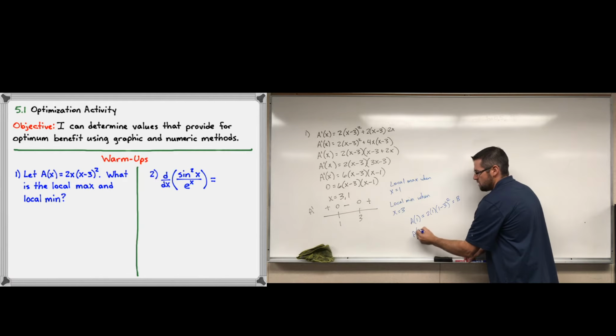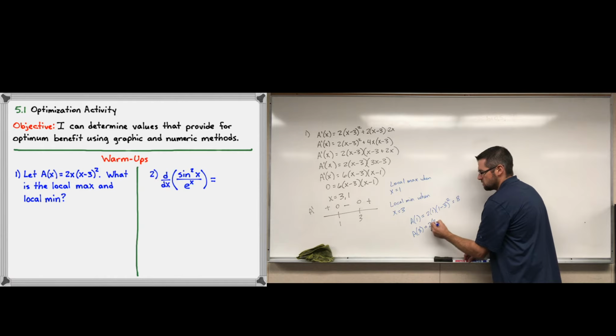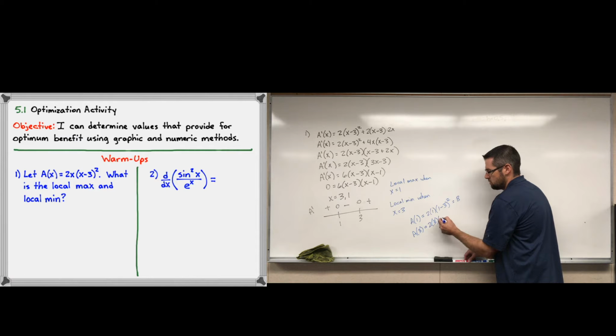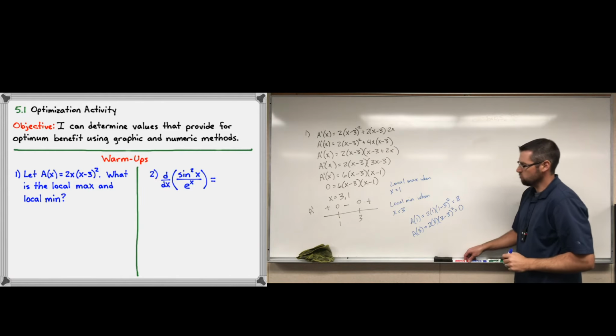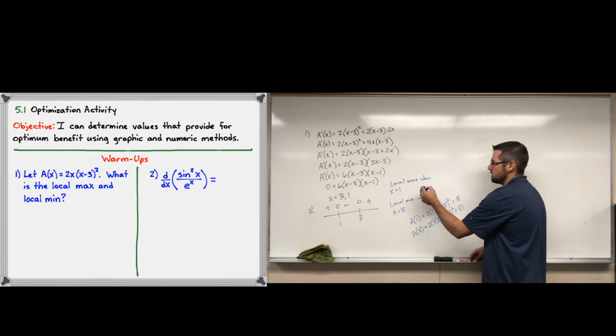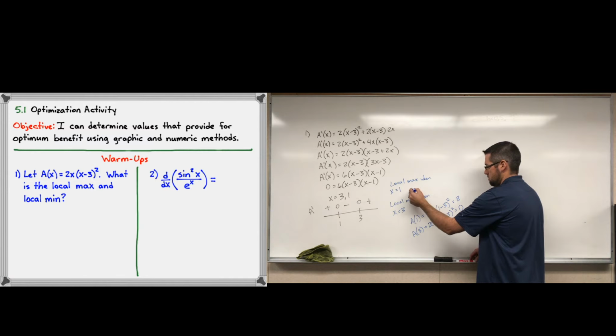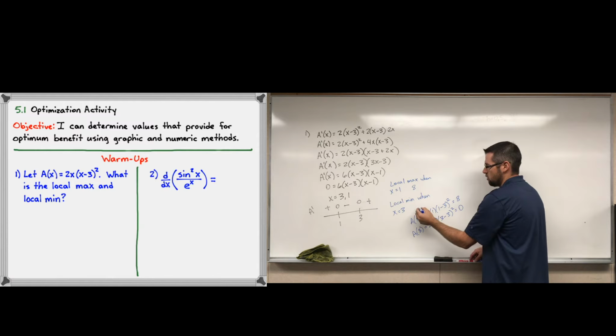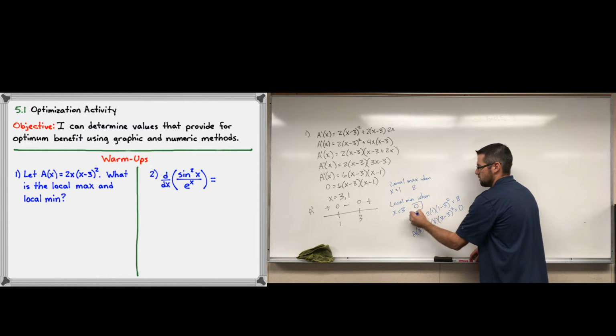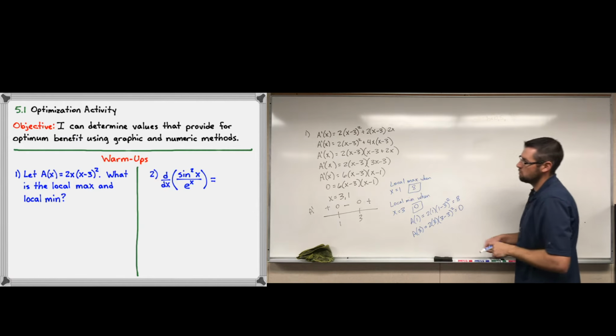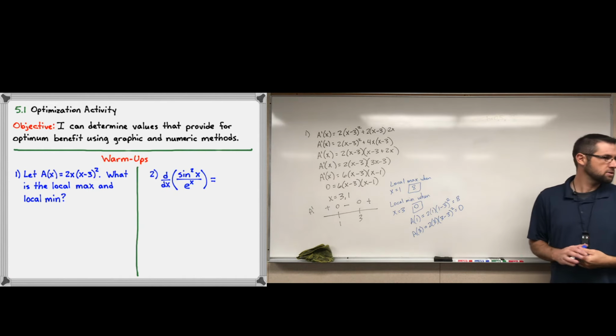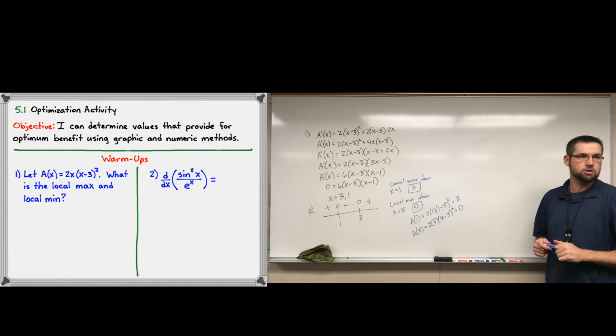And then a of 3 would be 2 times 3 times 3 minus 3 squared, which is 0. So our local max is, well, it's the high point, so it's just 8. And the local min is 0. Okay? Any questions?